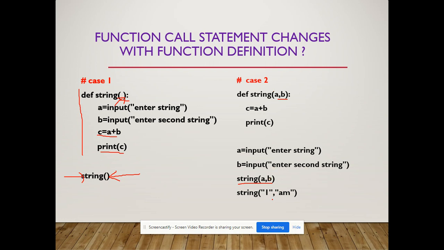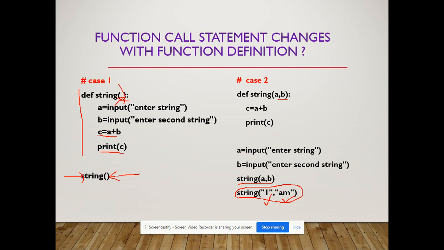What about the second function call? What about this function call statement? What are you sending for a and b? I is sent for a and am is sent for b. So what is the first string in this function call? I is the first argument and am is the second argument. You are supplying those two arguments. So there is a change in the function call statement with the change in function definition.